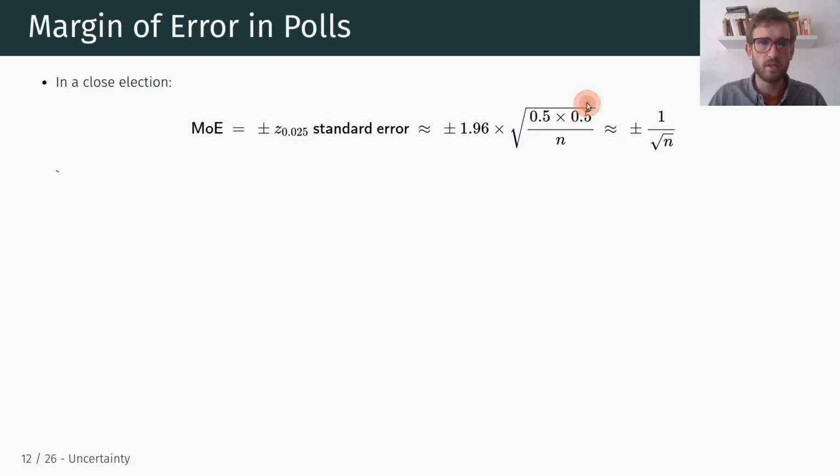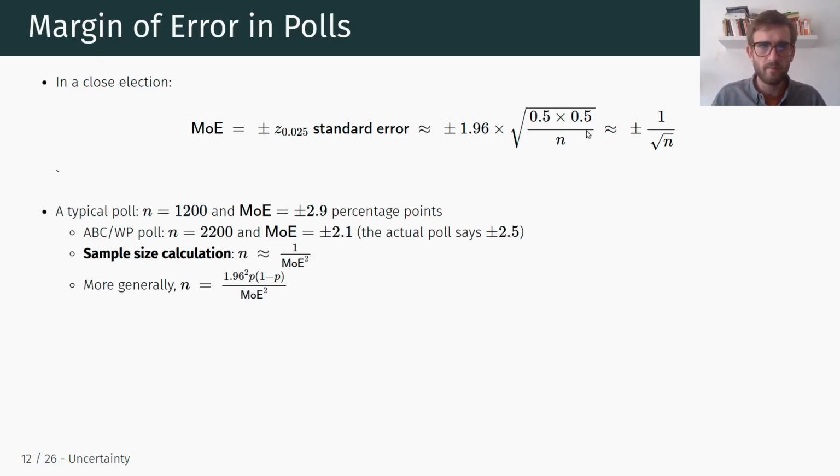For a very close election, the margin of error is much higher. If we have a not so close election, the square root of 0.5 times 0.5 becomes smaller than 1, and therefore the total margin of error actually becomes larger.